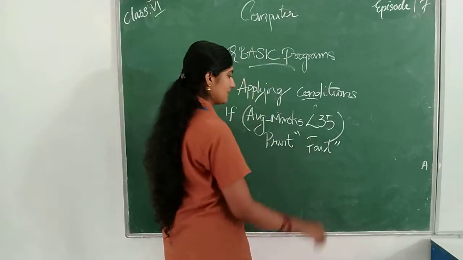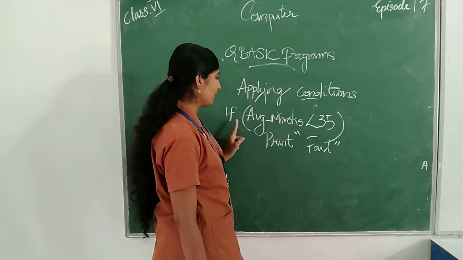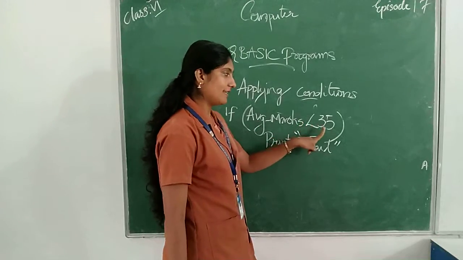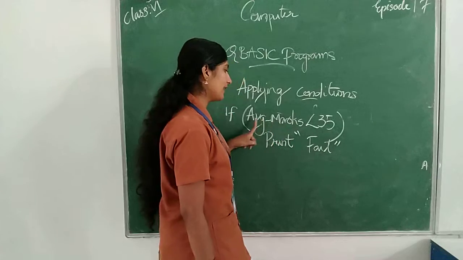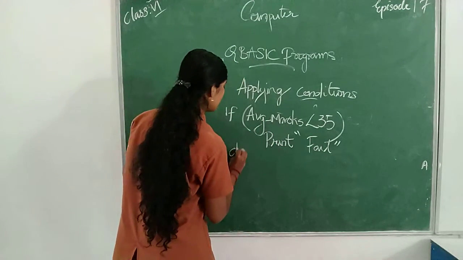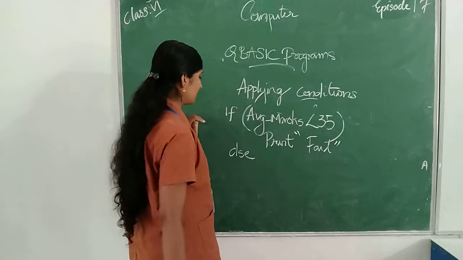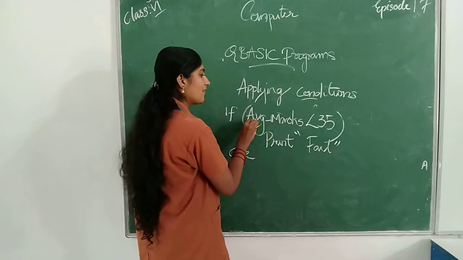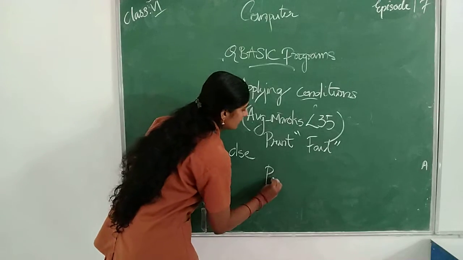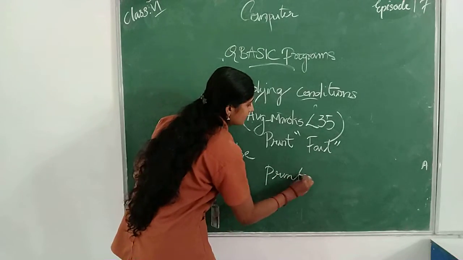Yes. So this is a test condition. If the test condition is average mark less than 35, then go to print fail. Then else part. So what will be the else part? That means average mark greater than 35, then print pass.